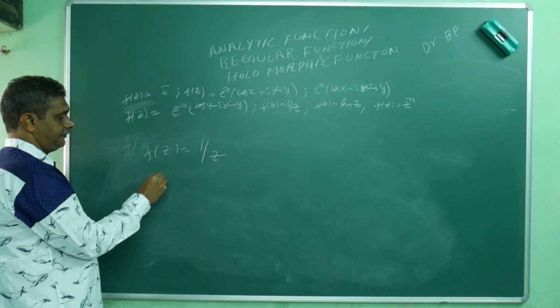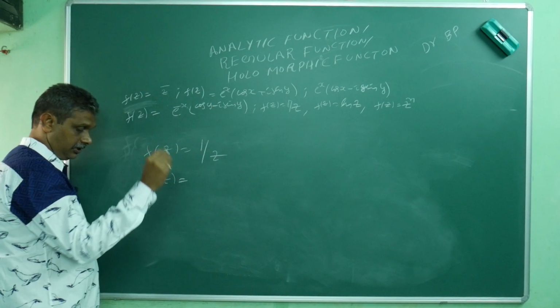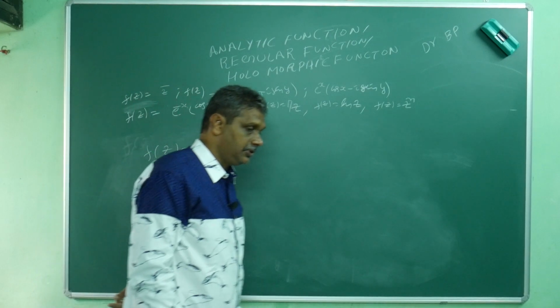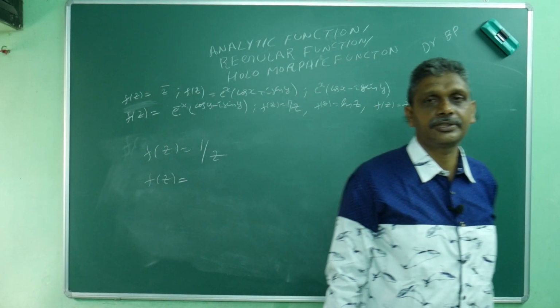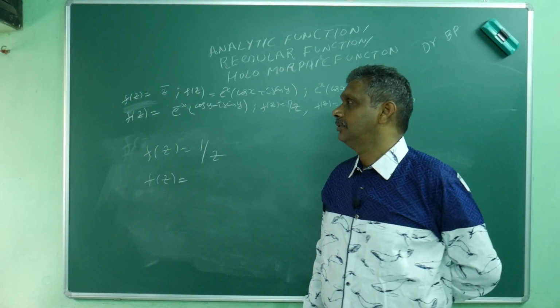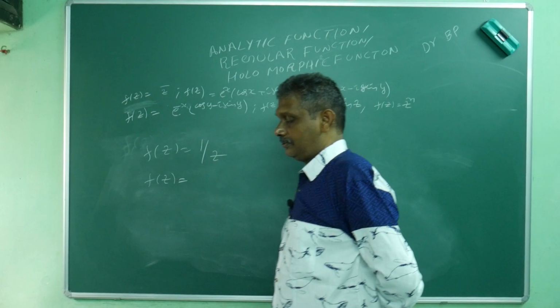Again, you can write f of z; my aim is to always write u plus iv, where u is a function of x, y and v is also a function of x, y. So 1 by z means, z I know, x plus iy.